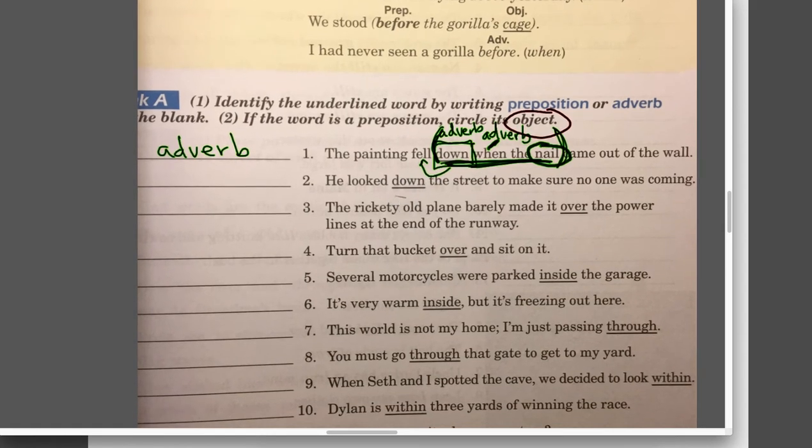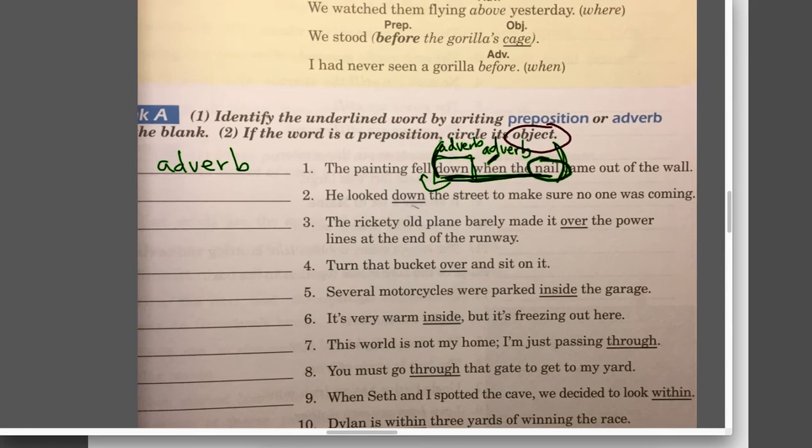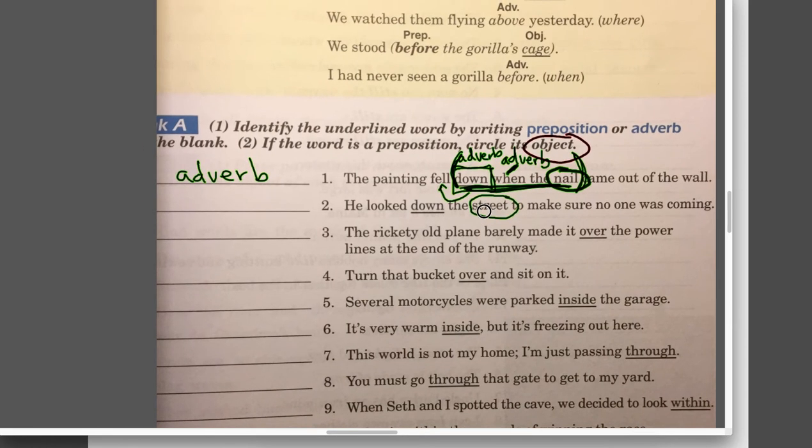Let's do number 2. He looked down the street to make sure no one was coming. So down. Is it an adverb or a preposition? What do you think? Is there an object or a noun following after down? Let's see. Down the street. Okay, yeah. So there is an object, street. Street is a noun, right?